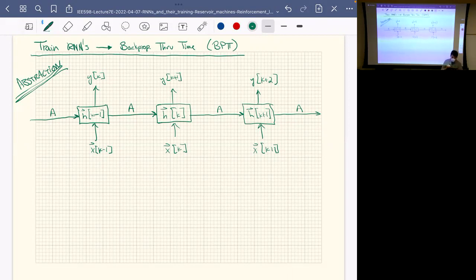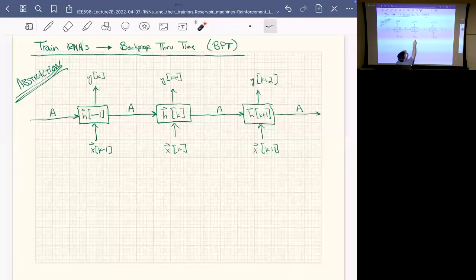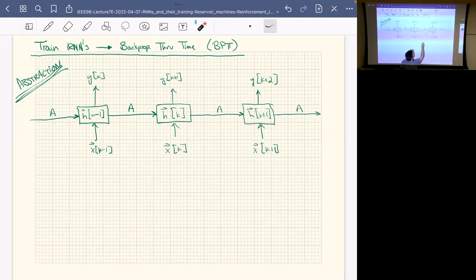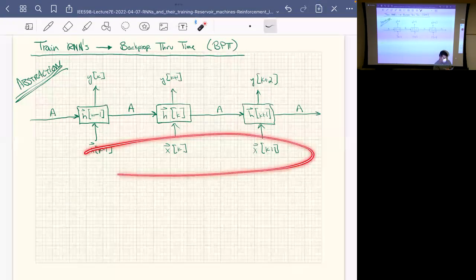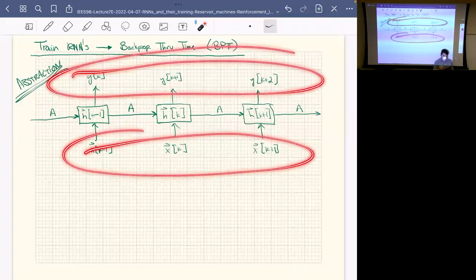and hopefully that's long enough to be useful for your training data. But now you can view this structure as a big feed forward neural network, where the weights here are viewed as being independent from the weights here, as being independent of the weights here. But then you end up adding all the gradients together. So this ends up being training data for this induced neural network. These are all the inputs down here. These are all the outputs here.